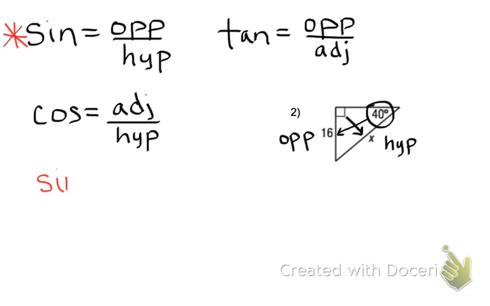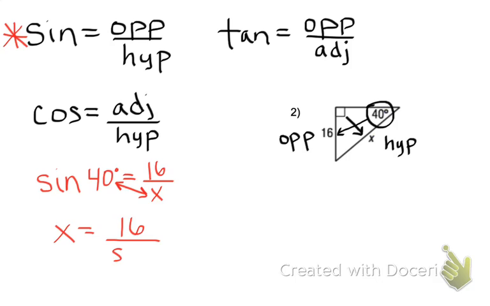Sine of my angle, which is 40 degrees, equals opposite, which is 16, over my hypotenuse, which is x. Now, remember what we do when x is on the bottom? We're going to do that little switcheroo, and we're going to flip them. So now I have x equals 16 divided by sine of 40 degrees.